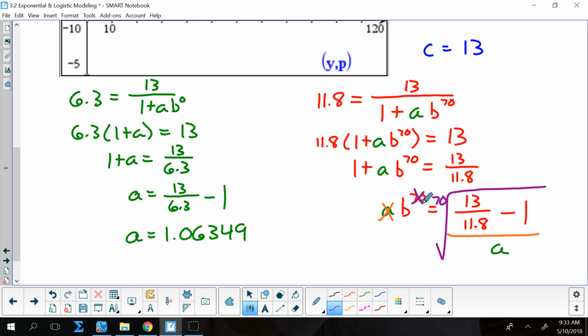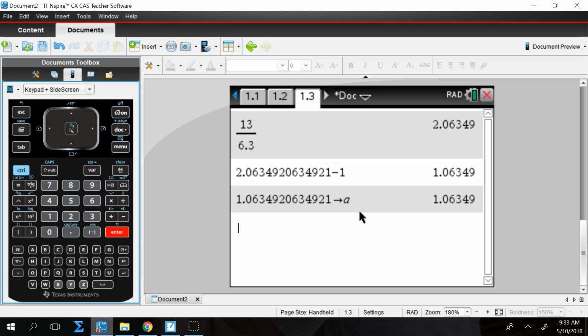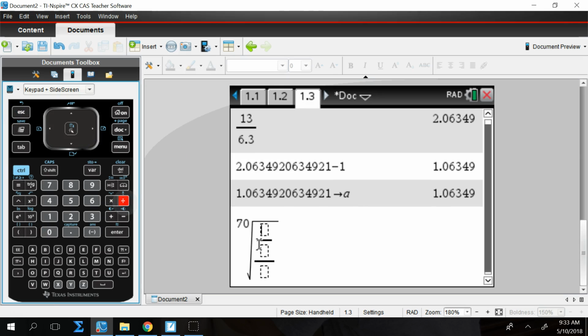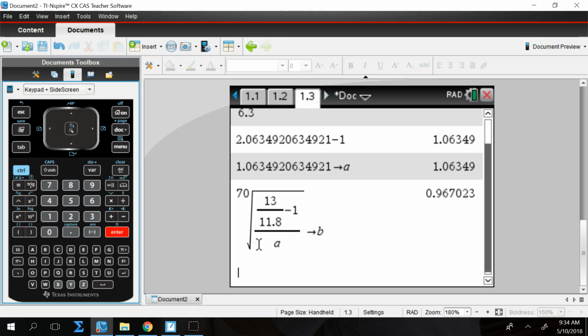So I need the 70th root of 13 divided by 11.8 minus 1 on top and then A on the bottom, and I'm going to store that as my B value. 0.967023.